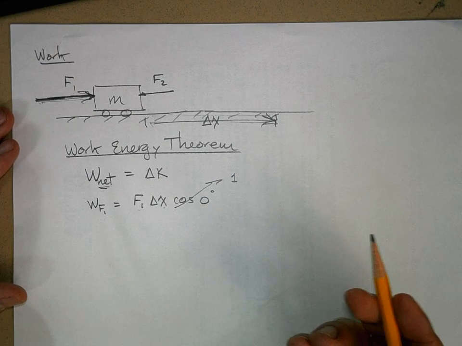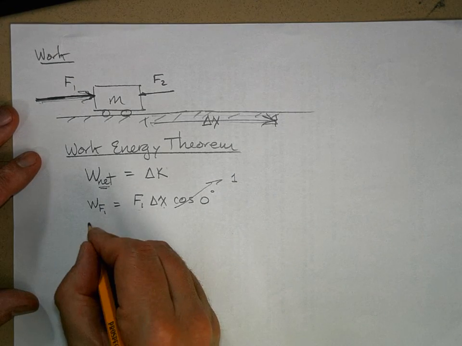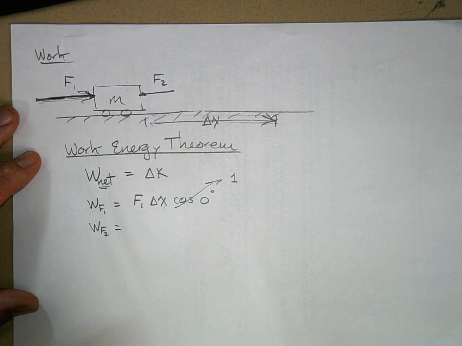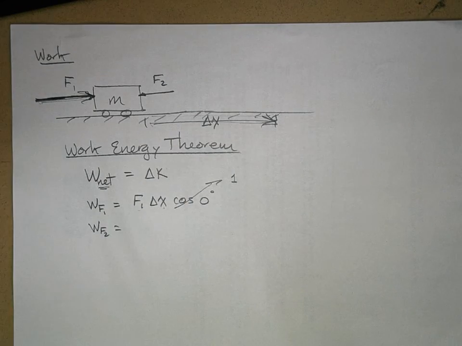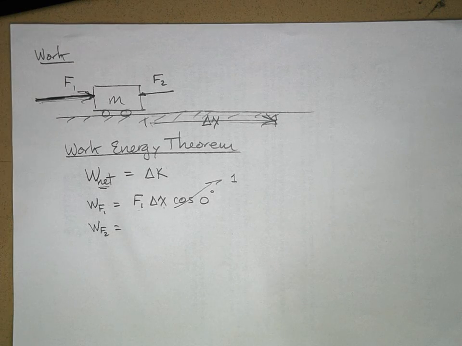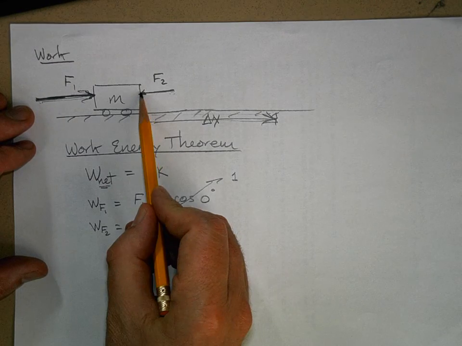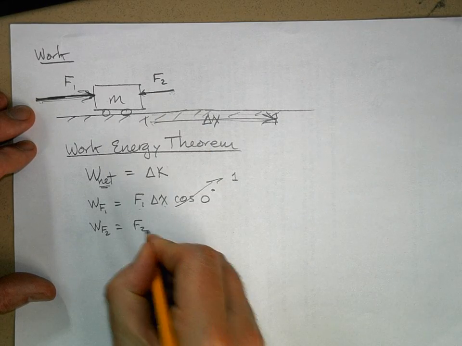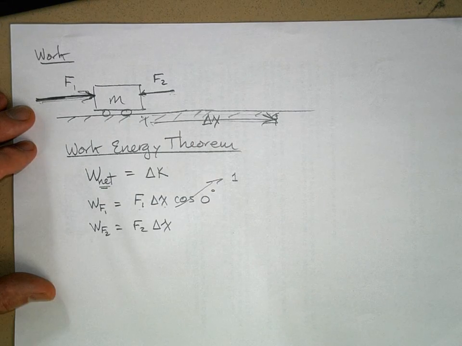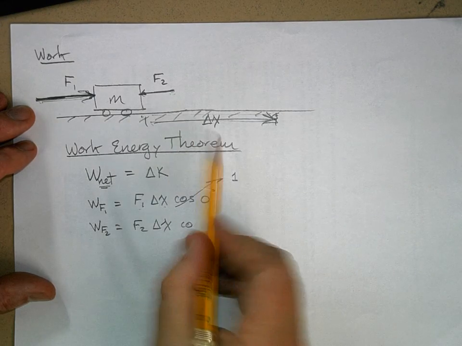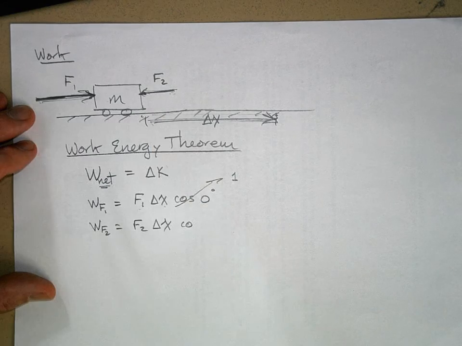But what do we know about the work done by F2? Well, look at F2. And again, we're not plugging in any numbers here except for the angle. So that's F2, and we're displacing delta x. But what's the angle between to the right and to the left?